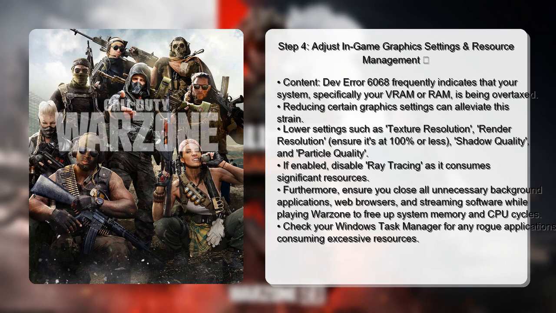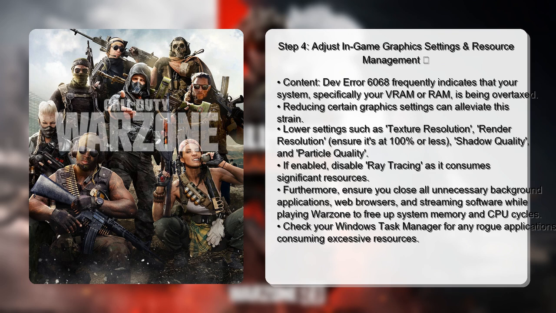Adjust in-game graphics settings and manage resources. Dev errors frequently indicate that your system, specifically your RAM, is being overtaxed. Reducing certain graphics settings can alleviate this strain. Lower settings such as texture resolution, render resolution, ensure it's set to 100 or less, shadow quality, and particle quality.